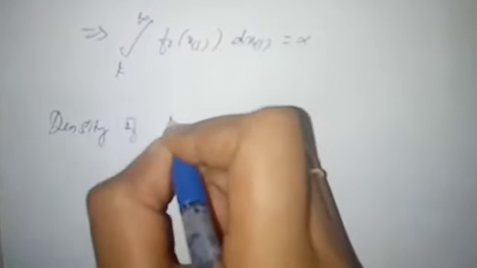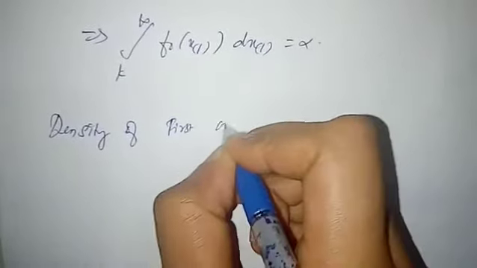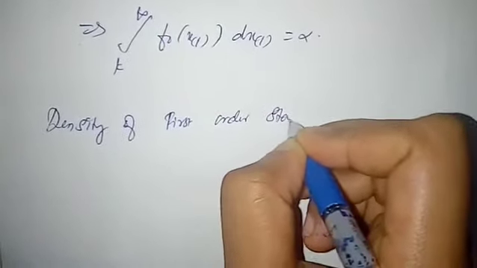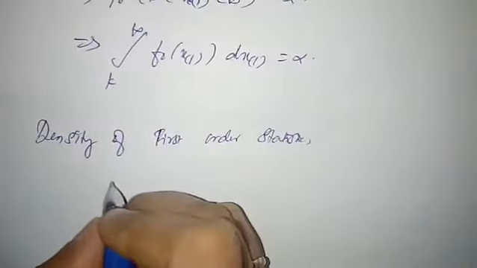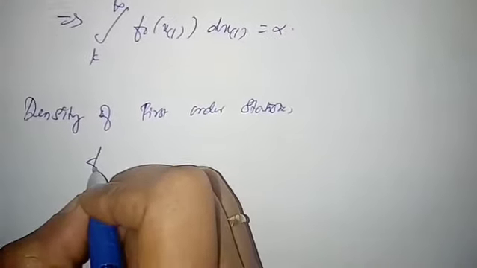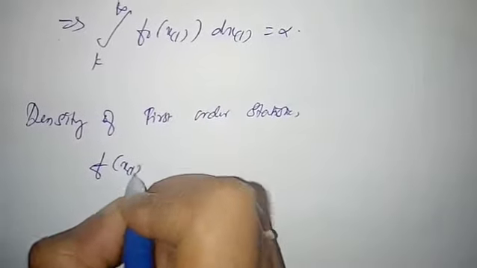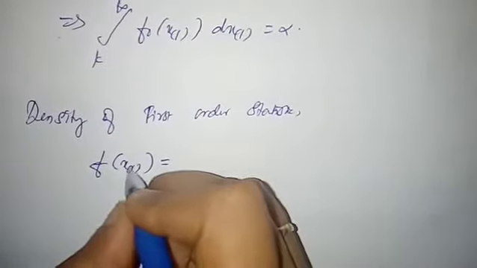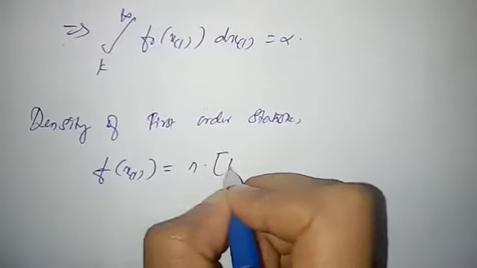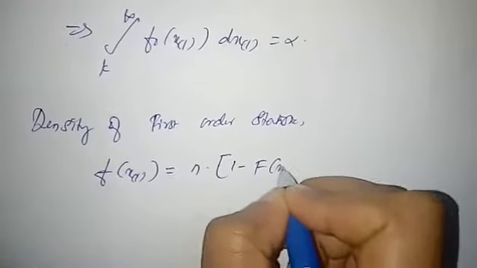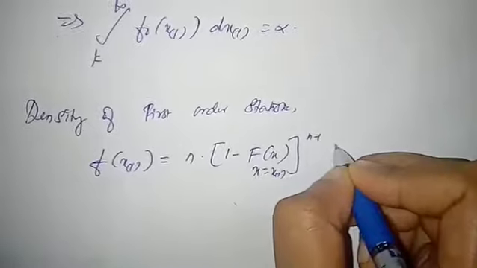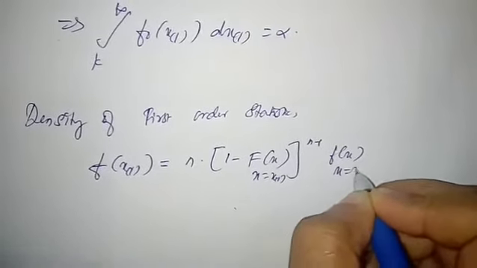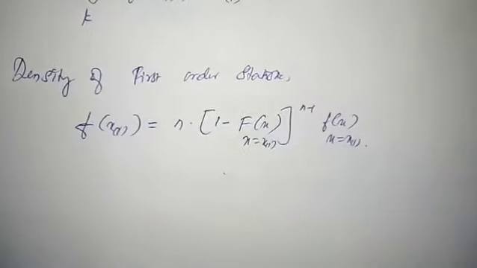The density of the first order statistic is f of x1 equal to n into 1 minus F of x, to the power n minus 1, into f of x, where x equal to x1, right?